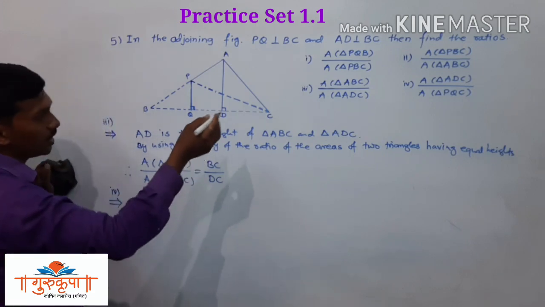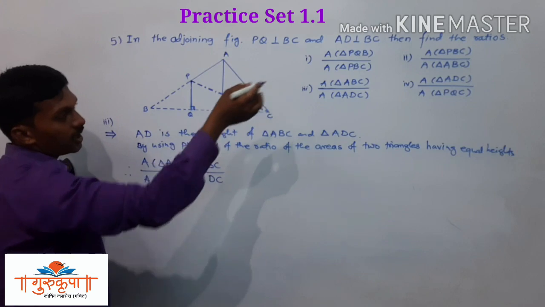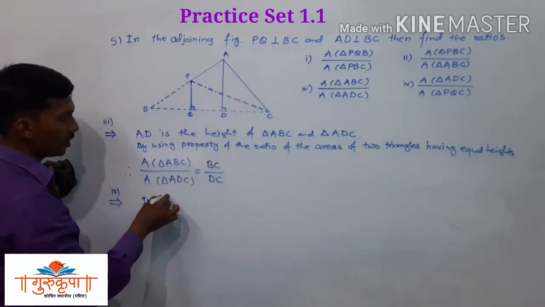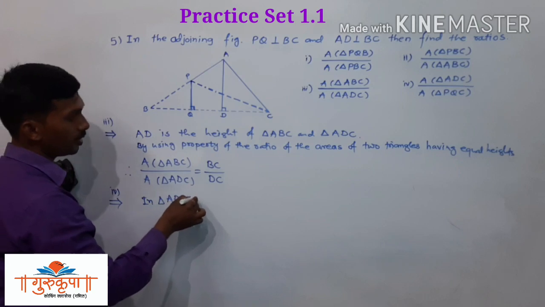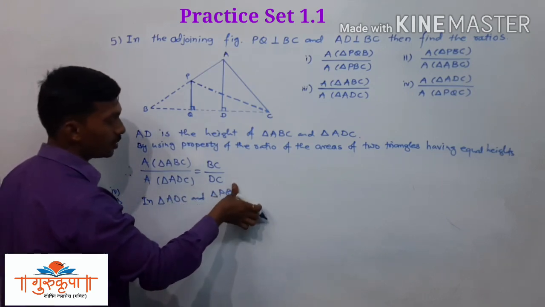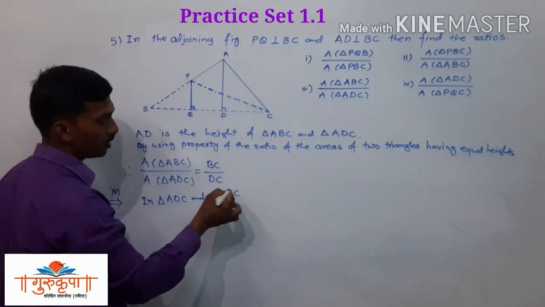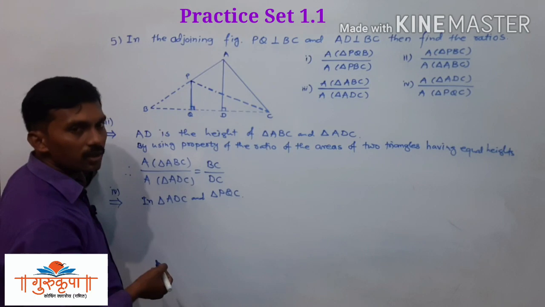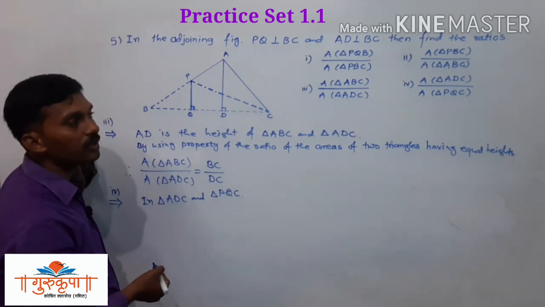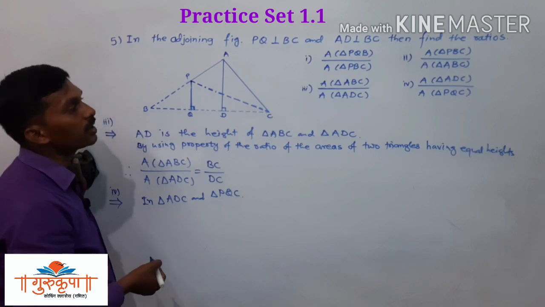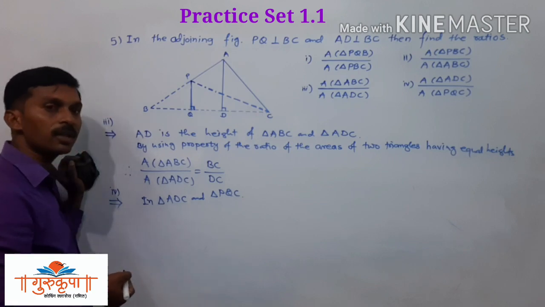So here we can write for triangle ADC and triangle PQC. In triangle ADC and triangle PQC, neither bases nor heights are equal, since the ratio of their areas is equal to the product of the ratio of their corresponding heights and corresponding bases.